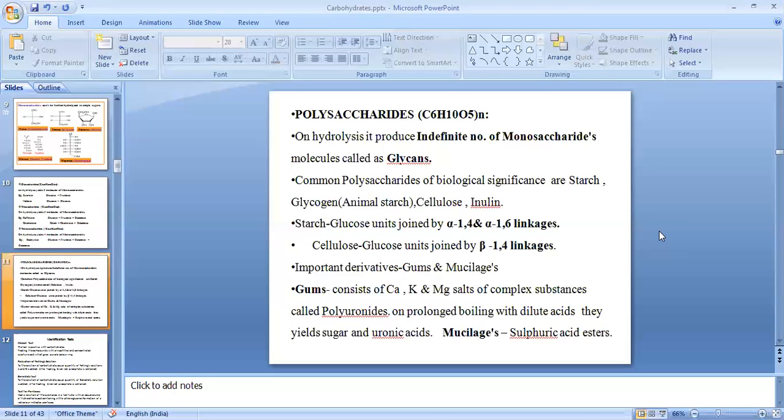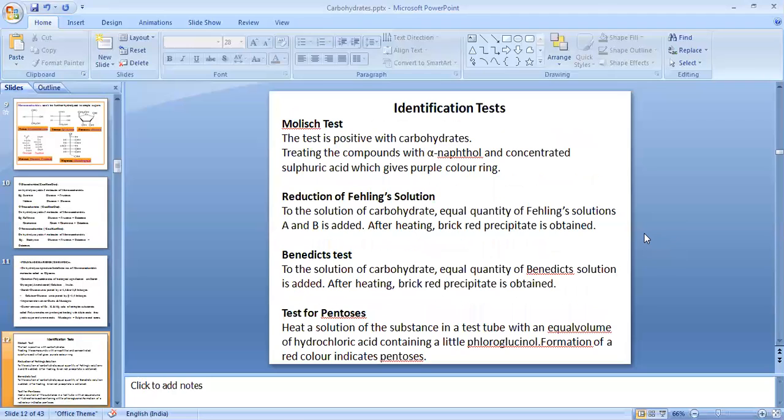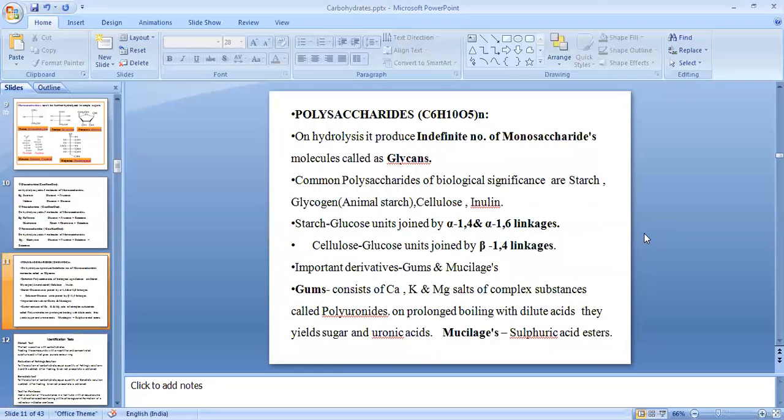On prolonged boiling with dilute acids, that is on hydrolysis, they give sugars and uronic acids. And the mucilages are the sulfuric acid esters, the sulfonated esters of polyuronic acids.